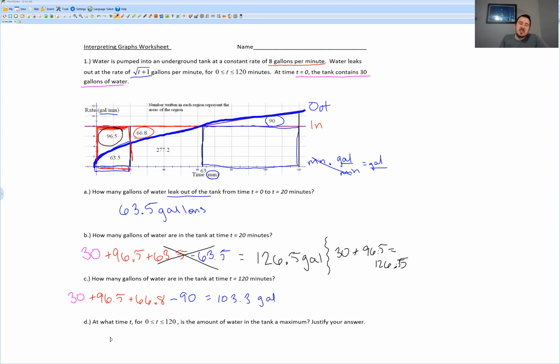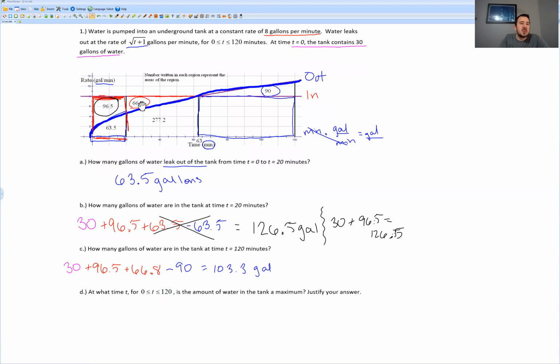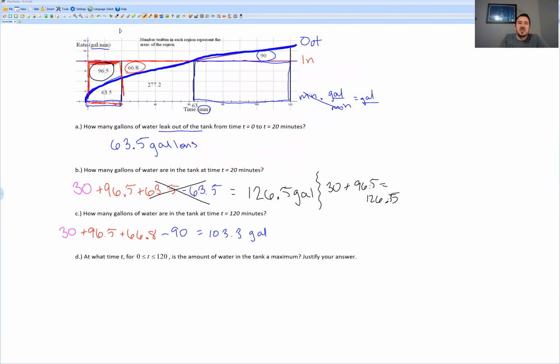And then last, in part D, at what time t, for time between 0 and 120, is the amount of water in the tank at a maximum? So I'm going to have to evaluate, essentially, this could occur at one of 3 locations. Let me switch to black.